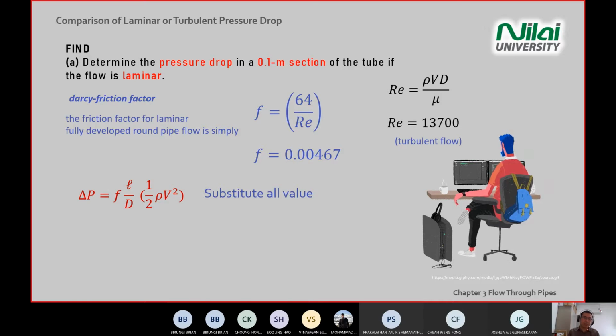The friction factor you defined, which is 0.00467. You substitute the value. Again, all the units we use here are SI units. After you do the conversion, you will get the answer in kilopascal or Newton per meter squared.